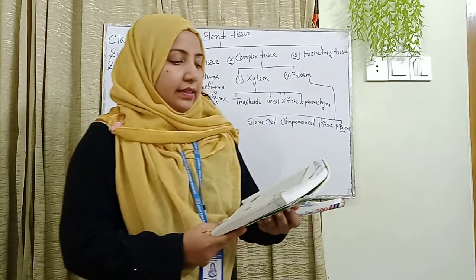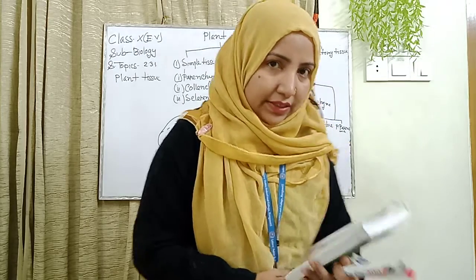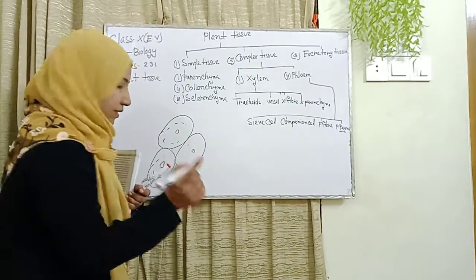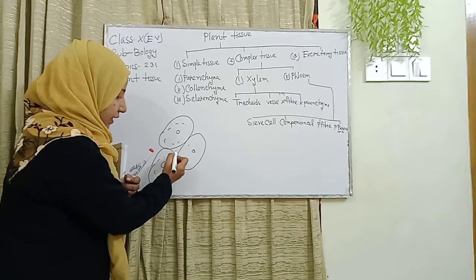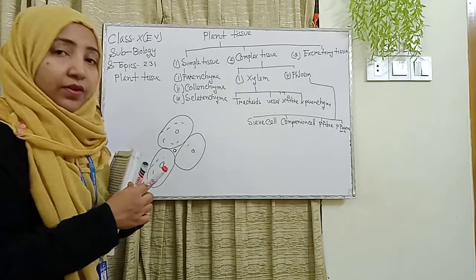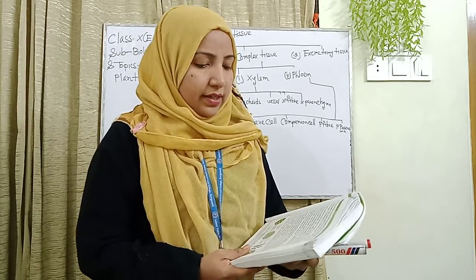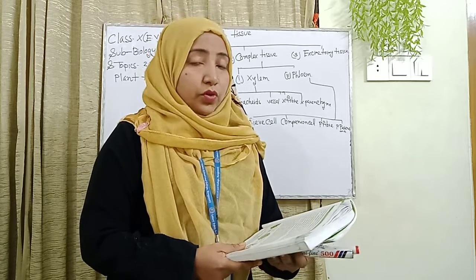Intercellular space is found in parenchyma cells. Here I draw three cells, and this structure is the intercellular space, seen in the parenchyma cells. The cells are thin-walled and the walls are composed of cellulose.